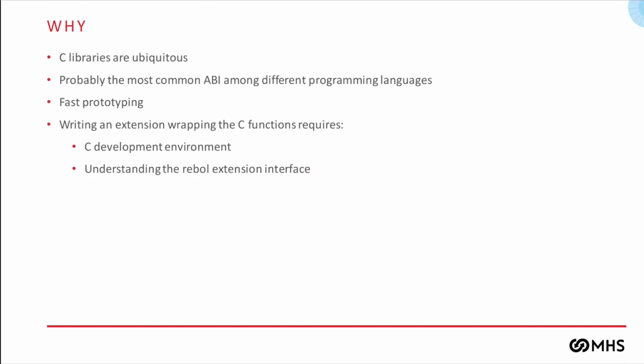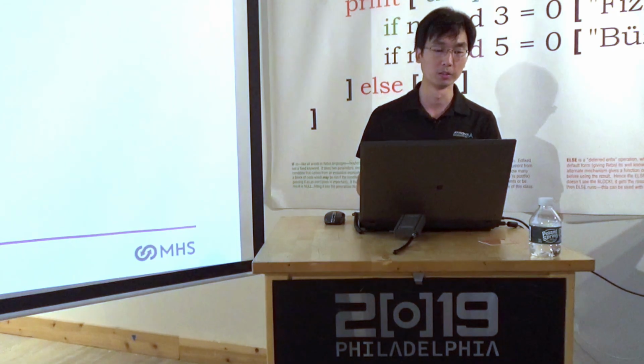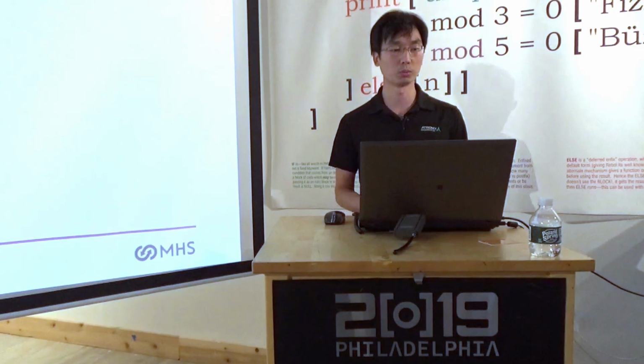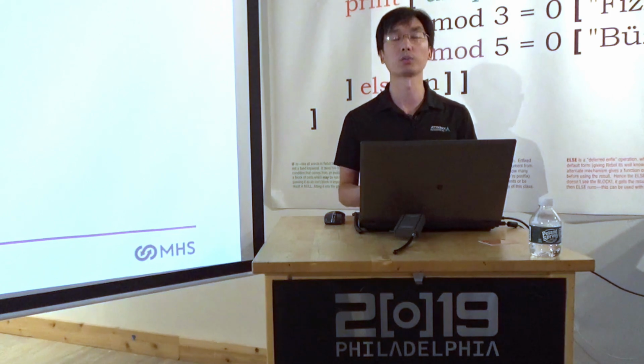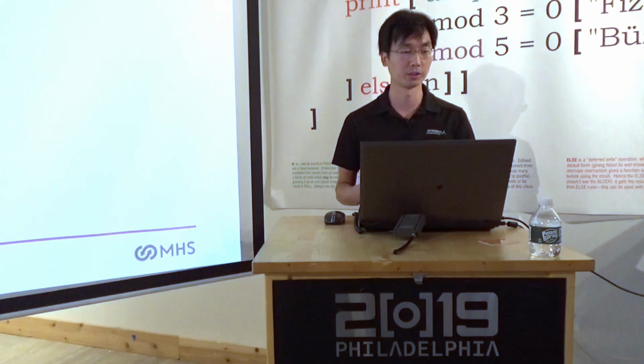So first, why we need this feature. C libraries are everywhere, and we cannot just rewrite the whole world in Rebol. That's just impossible. So with this interface, we can talk to pretty much everything.